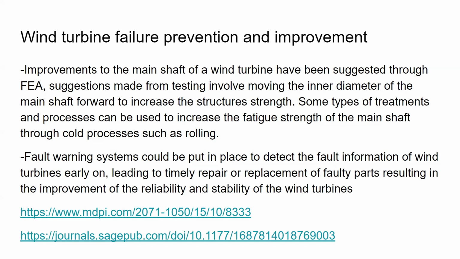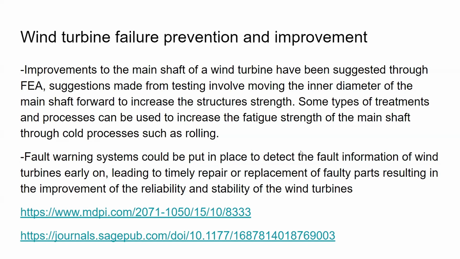And they recommended that some types of treatments and processes can be used in order to increase the fatigue strength of the main shaft. One such process was a cold process called rolling. Another website suggested implementing fault warning systems, which are in place to detect any faulty equipment in the wind turbines early on.